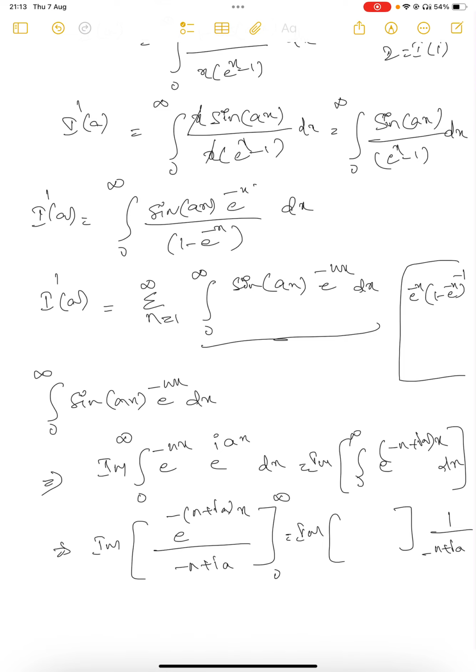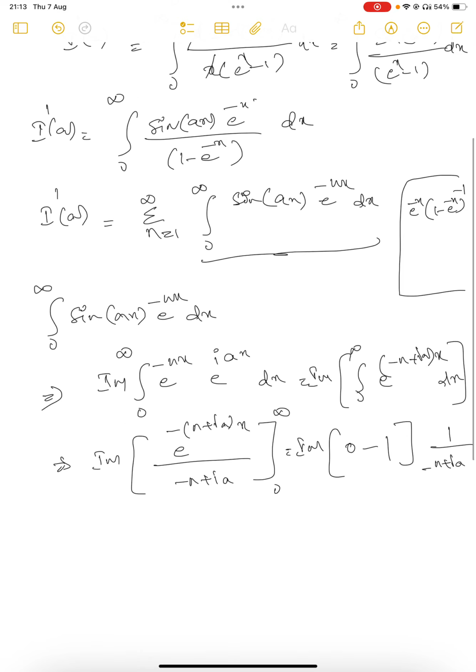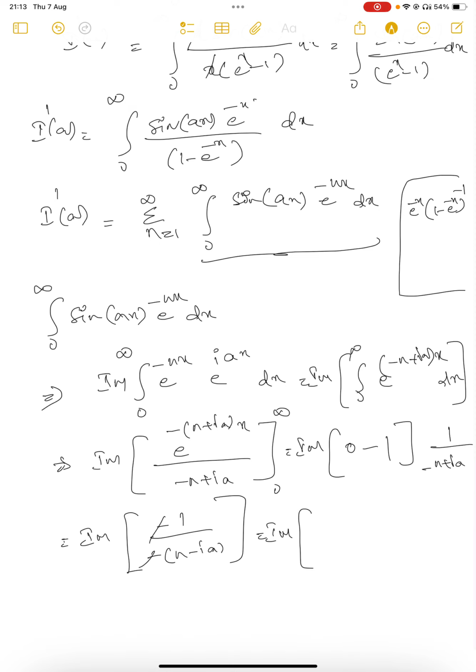Then this part will be 0 minus e power 0, which is 1, so that is imaginary part of minus 1 by (minus n plus ia). This minus will get cancelled, then Im of, rationalizing, (n plus ia) by (n square plus a square). The imaginary part of this is a by (a square plus n square).